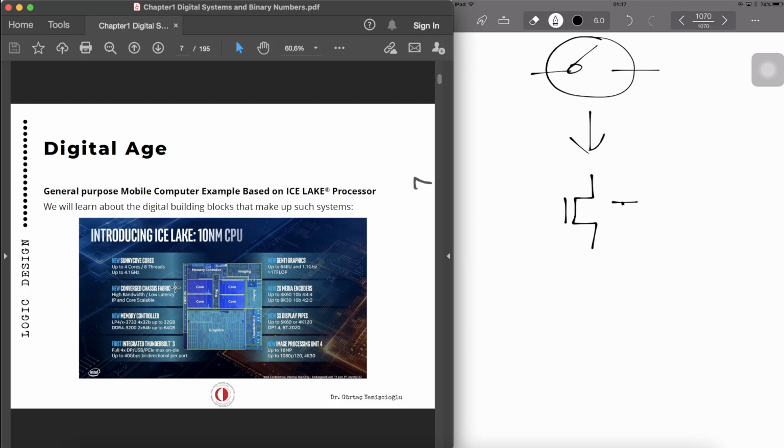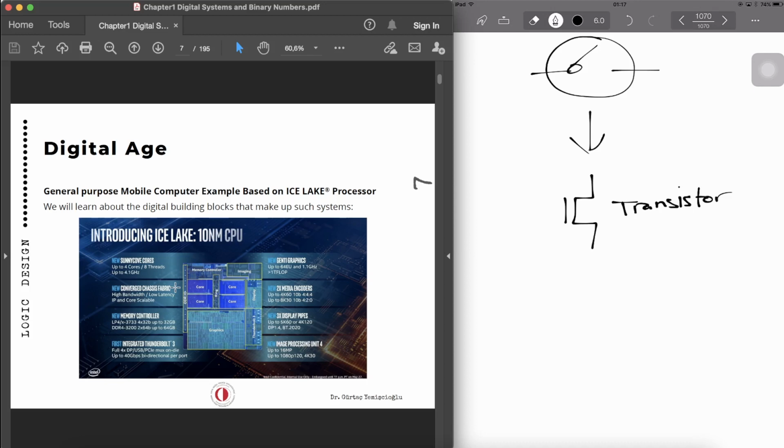Now, transistor, it's a switch. Maybe you heard about it. In Intel processors, nowadays, we have got 100 billions of transistors, 10,000 transistors, 1 million transistors. These are what we are having in a single processor.